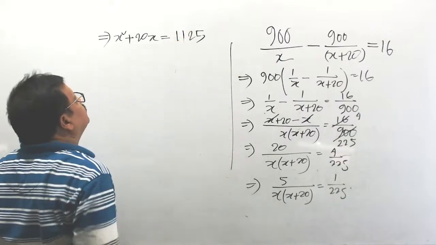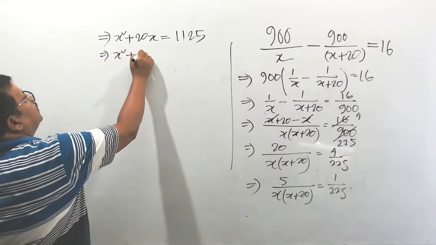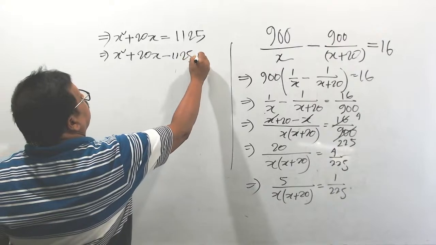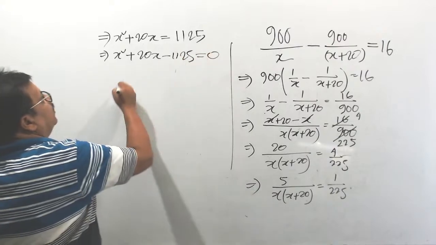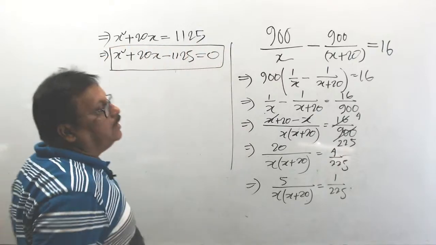This implies x square plus 20x minus 1125 is equal to 0. You will solve this one also, only you have to solve by the middle term method.